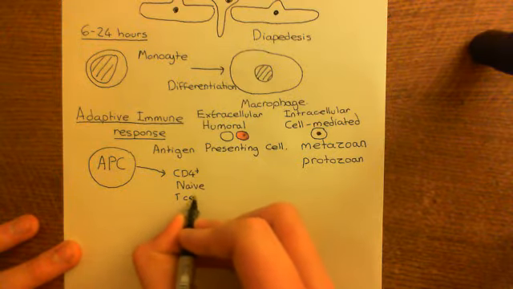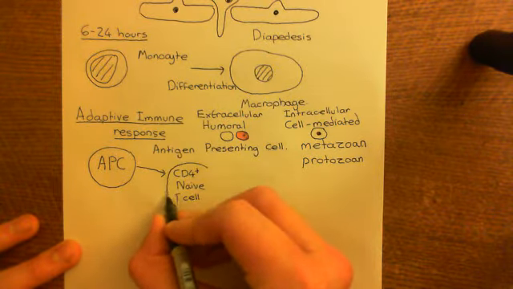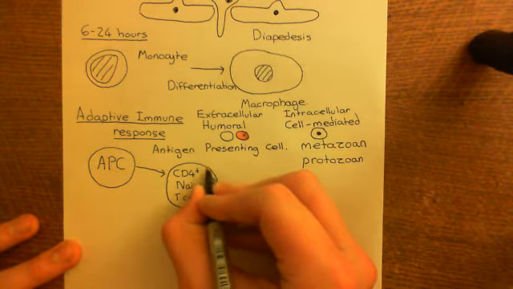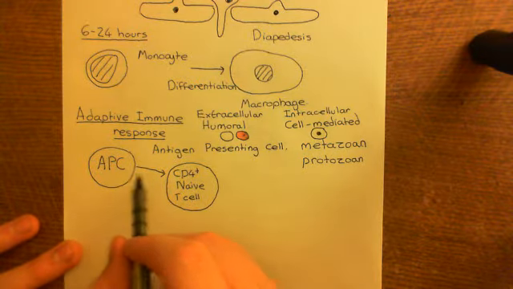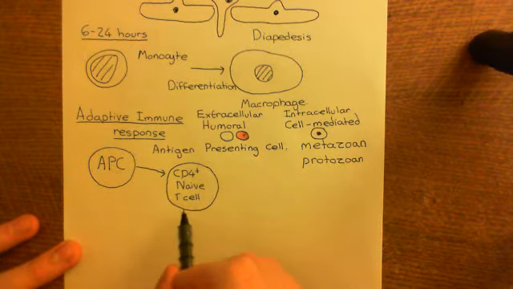In the lymph node you have absolutely loads of CD4 positive naive T cells, and these are called CD4 positive naive T cells because on their surface they have a molecule known as CD4.